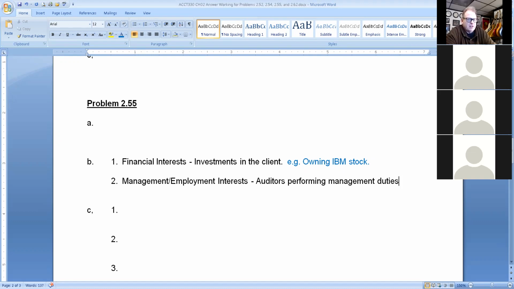Now, it is possible they perform a search or something like that and then say, "Here are some candidates that the company may want to look into," and then the company goes and looks, but the company has to do the hiring. You cannot make the decisions for management. The company has to make those decisions and they have to live with those decisions. So the auditor cannot perform management duties.